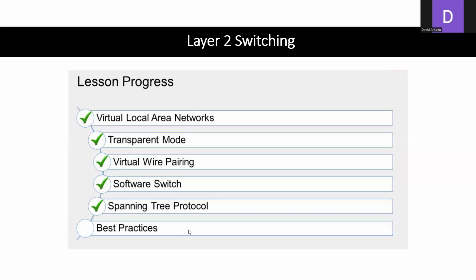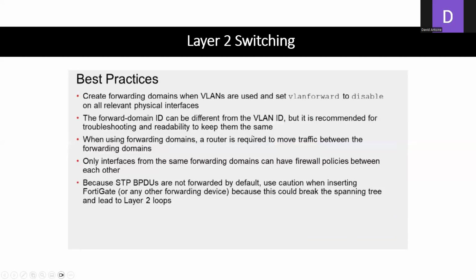All right. Last but not least, we've got best practices for layer 2 switching. It should be real quick. Fortinet does a good job giving you recommendations, but their company wasn't started based off of routing and switching, forgive me, Fortinet. They are a security company, so they're going to give you high level things, like these 5 things right here, which is useful and helpful.